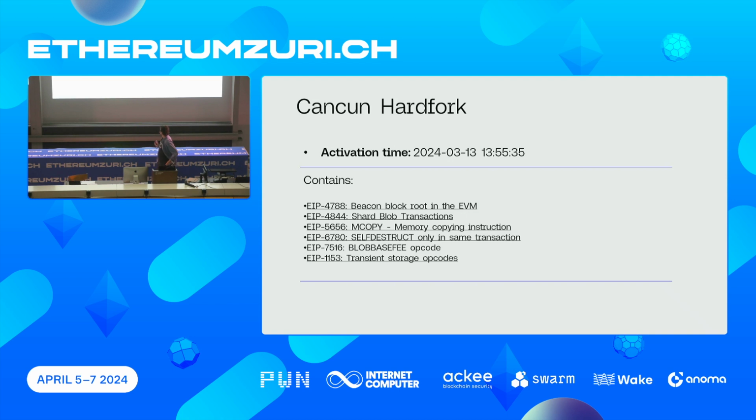So the Cancun hard fork was activated on the 13th of March, 2024, exactly 1 month ago. And it contains a bunch of new EIPs that change the protocol. For once, we've got the beacon block root in the EVM.